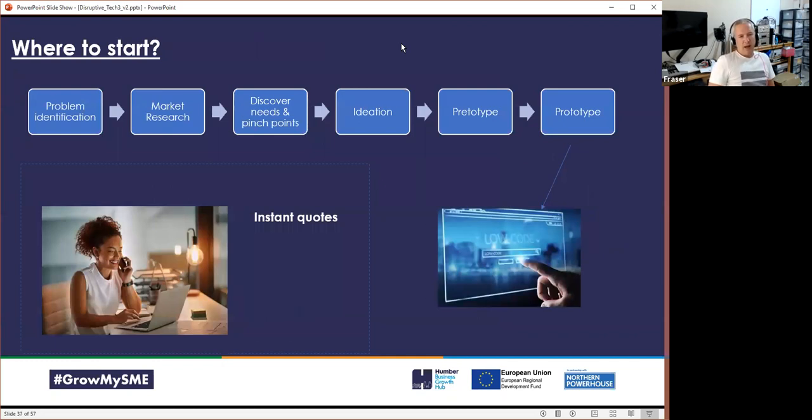So where do you start? Well, I've got a typical linear kind of innovation process for you here, all the way from finding a problem to market research to ideation. The one you may not have heard of is prototype in that flow there. Prototyping is where basically you create the solution, but you cheat.